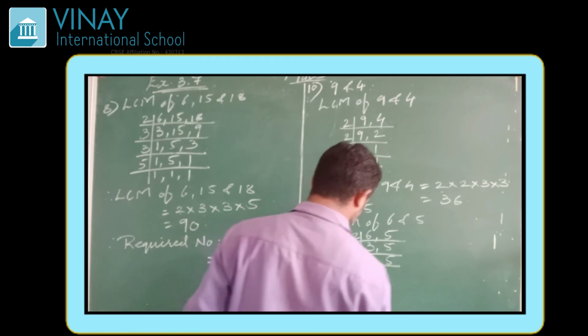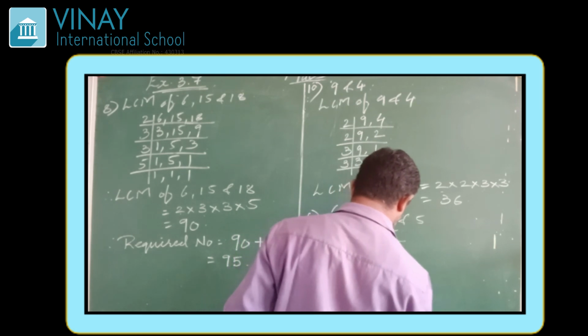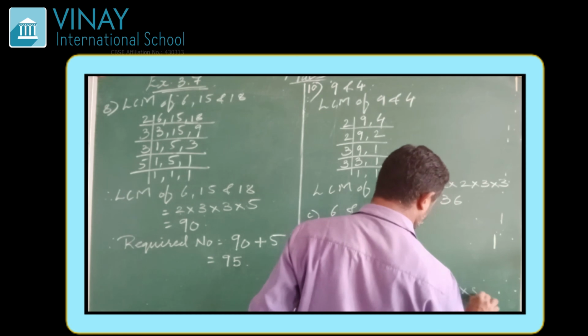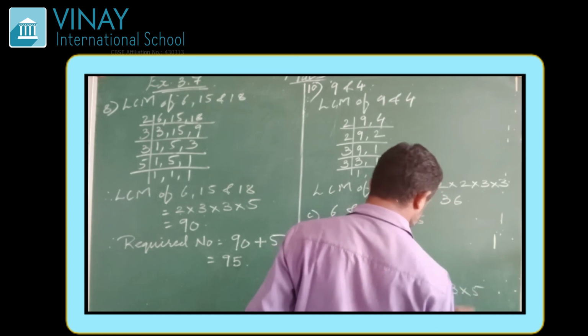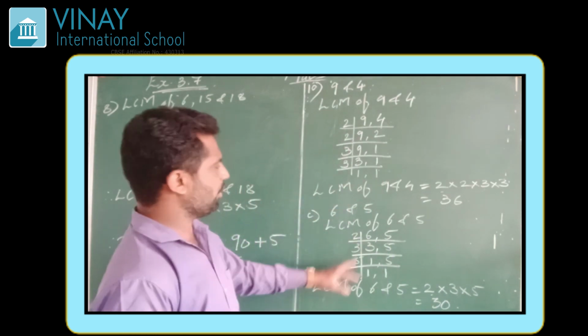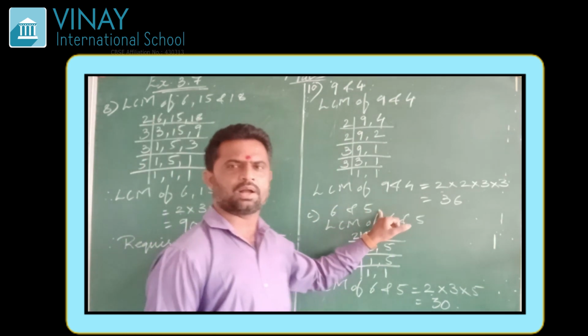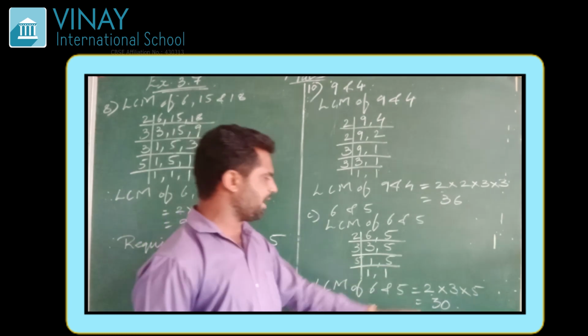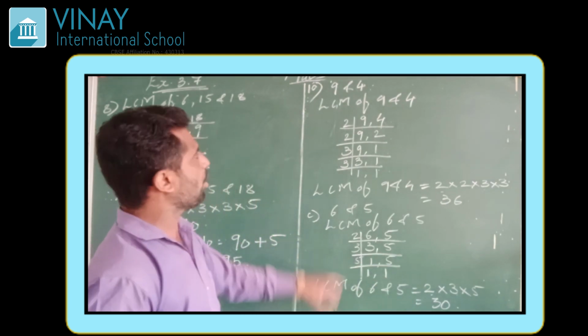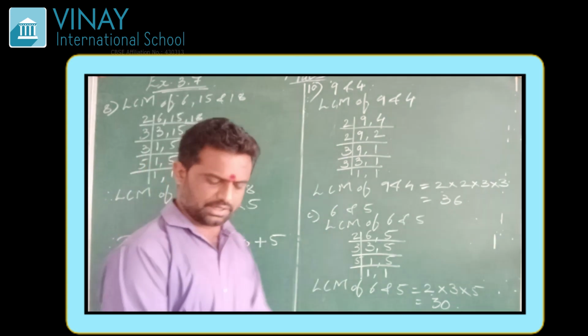LCM of 6 and 5 is equal to 2 into 3 into 5. 2 threes are 6 into 5 is equal to 30. So again here also, the two numbers 6 and 5 give 30, and the LCM is also 30. So the LCM is the product of the two numbers in each case.